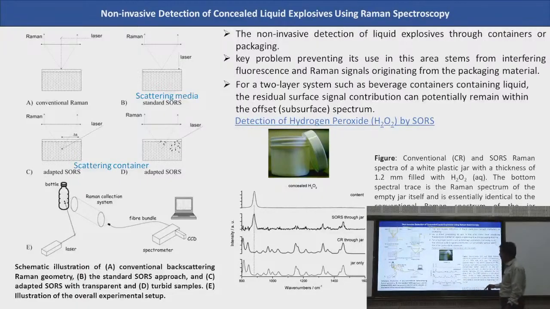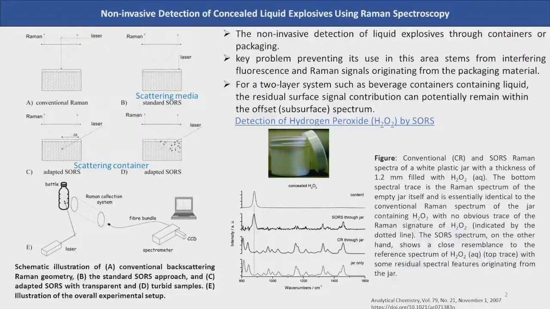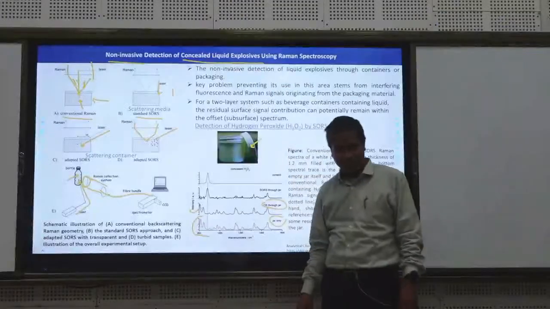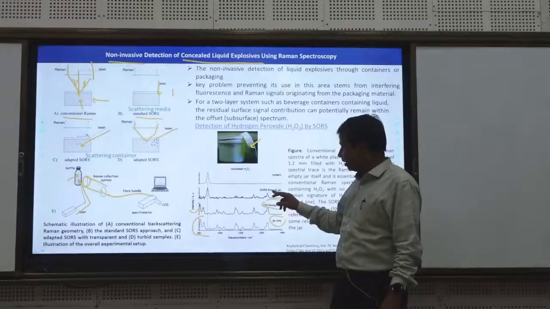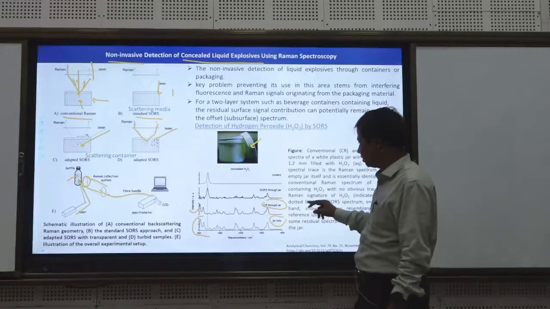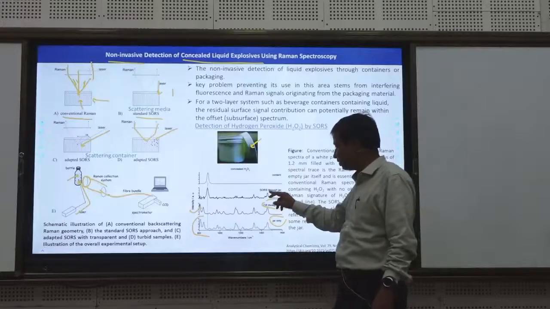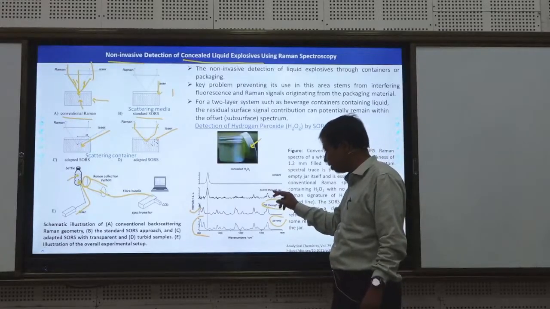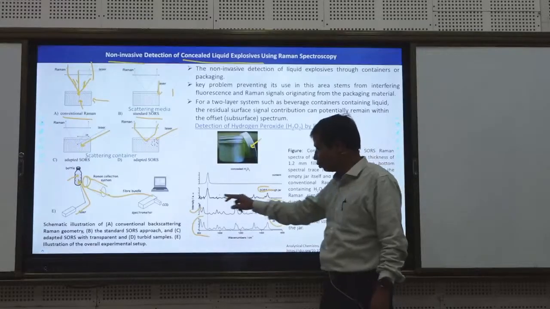What they found is that this is the jar spectrum, and this is the conventional Raman through the jar. Conventional Raman means this way. This is the normal technique. If you do that, you get this spectrum, and if you take the surface offset Raman spectrum, you get this one.